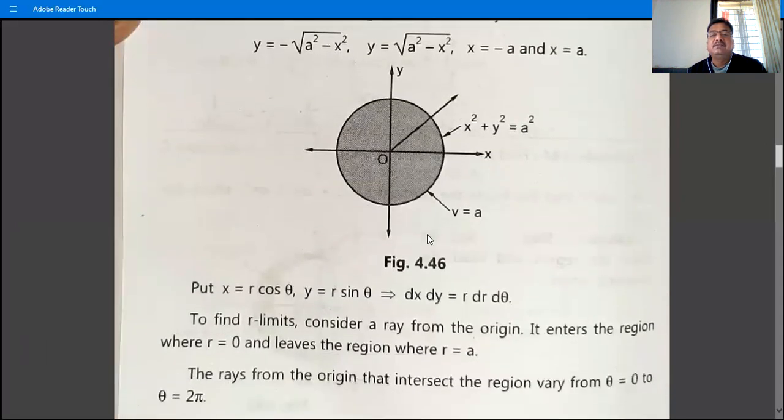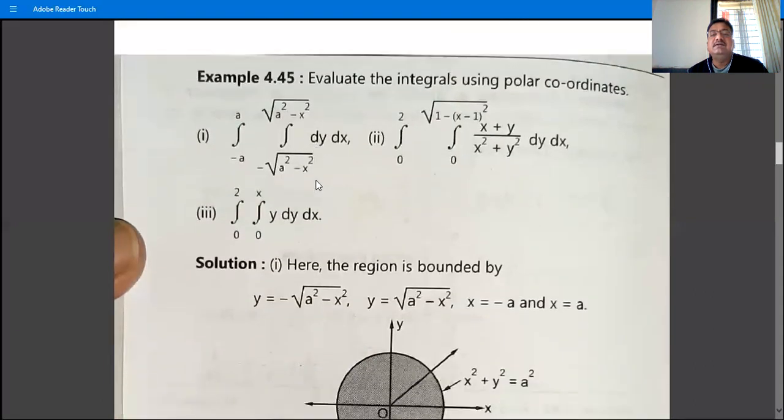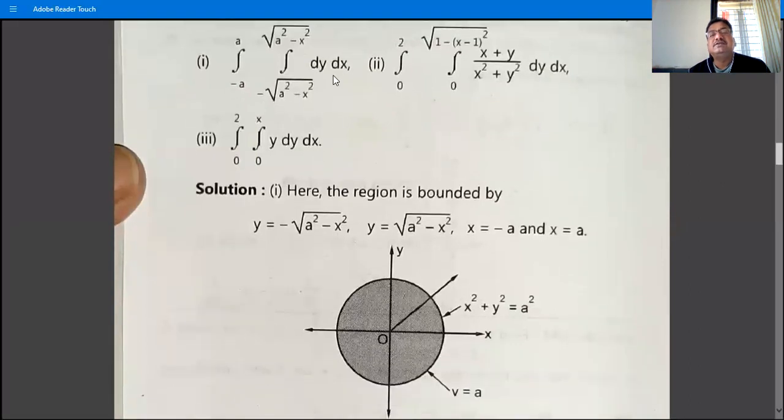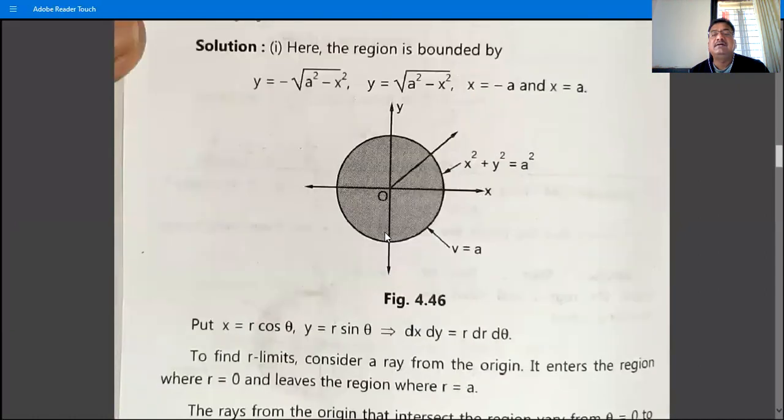So substitute x as r cos theta and y as r sin theta in this integrand. That is, dy dx or dx dy is replaced by mod J, that is r dr d theta. So dx dy is replaced by r dr d theta, x is replaced by r cos theta and y by r sin theta.